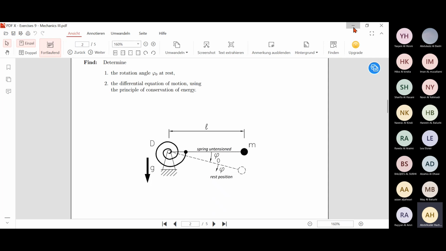Then in this case, we can write that we have minus M of the spring plus mg multiplied by L cosine phi 0, and this will be equal to 0.